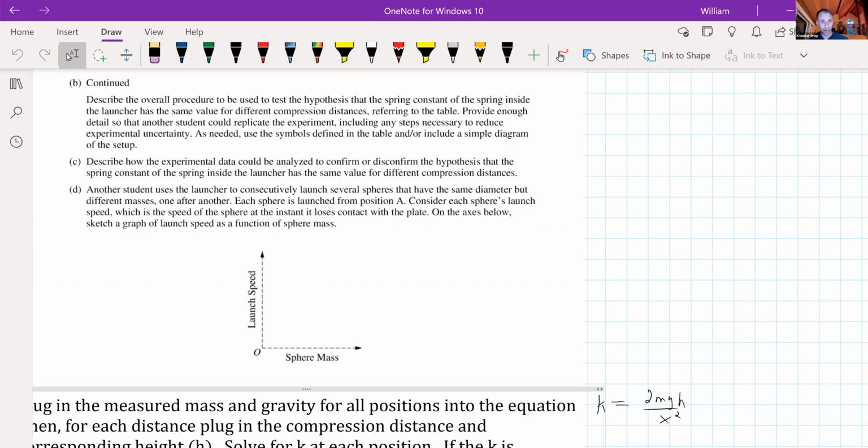Well, as I said prior, use an equation to justify, use an equation to do anything.